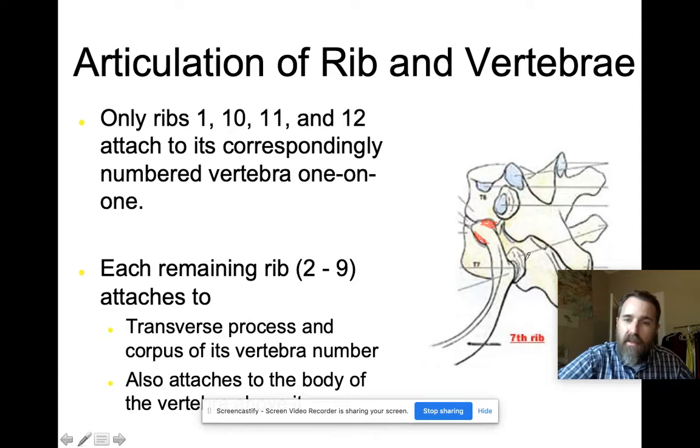So looking at this rib, you can see that it has 3 points of attachment.